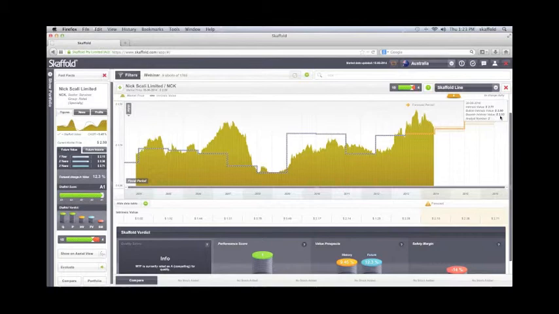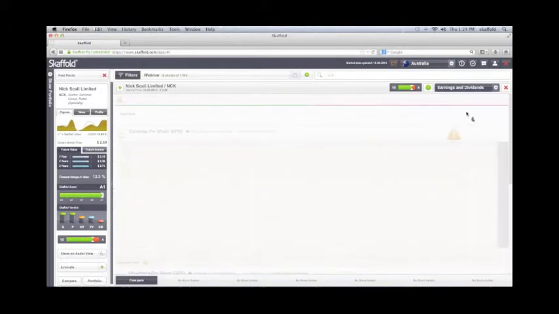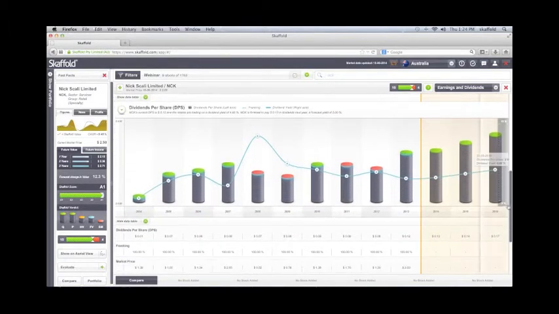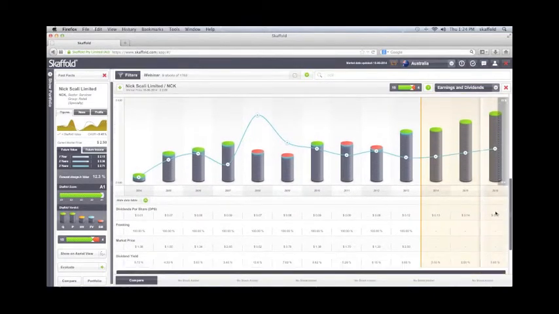So I guess the final thing we want to look at with Nick Scali is indeed the dividend income, because that's what we started with this particular filter. So I'll go to the earnings and dividend screen to do that. And what you'll see is that the dividend yield is coming in at 5% today.